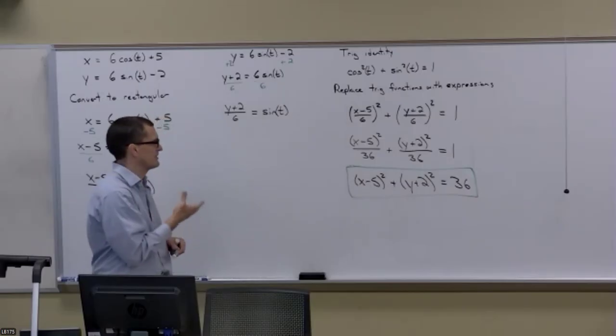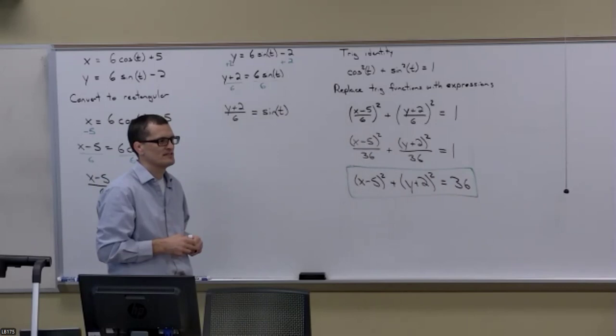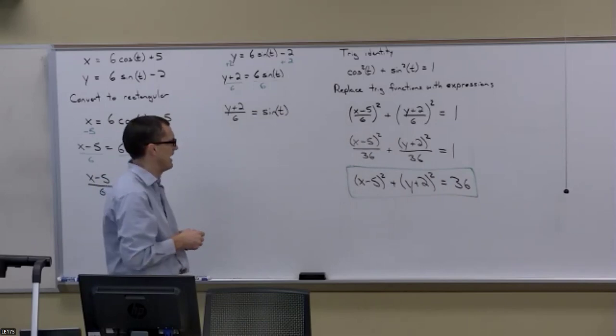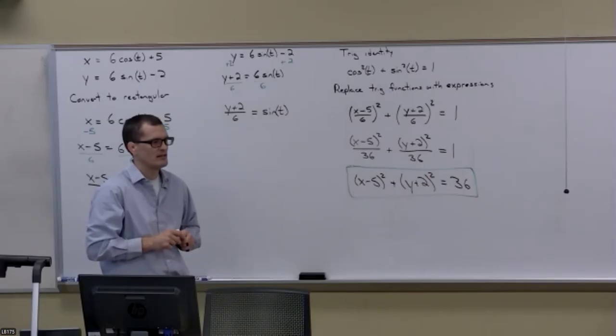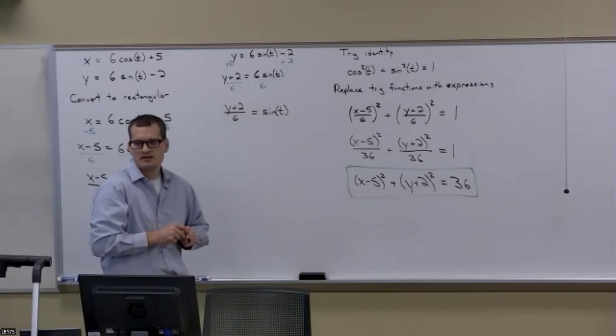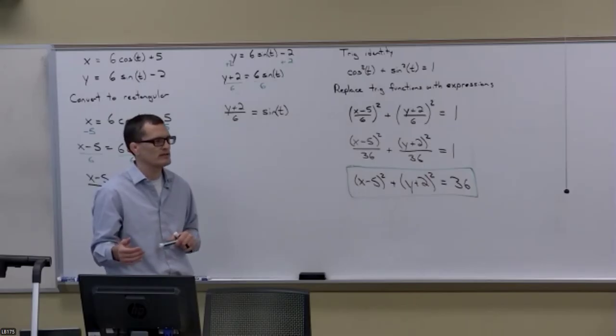Well, that's the equation of a circle of radius 6, centered at 5, -2. Right? A circle centered at the origin is x squared plus y squared equals radius squared.